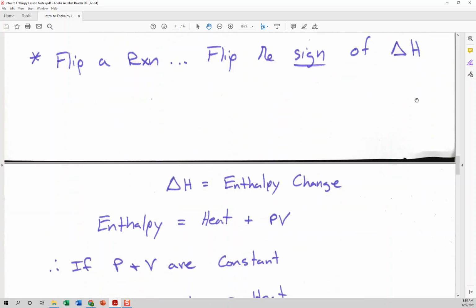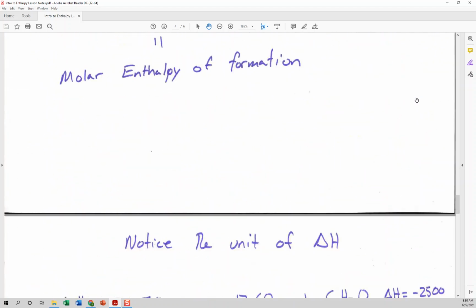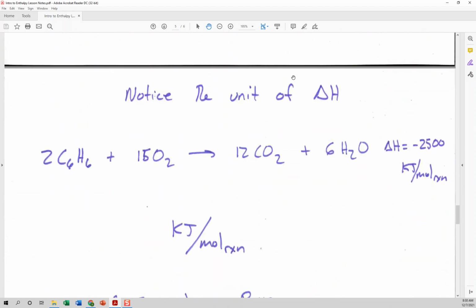All right. So that was their first page. What I want you to notice is a lot of times you're given this unit for a delta H of reaction. It says kilojoules per mole of reaction, RXN. So if this is my reaction, a way to think about it is if you put parentheses around the whole balanced equation, and put a 1 outside of it, this would be 1 mole of the reaction.